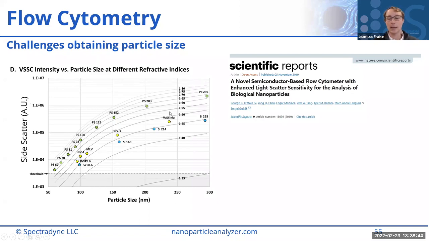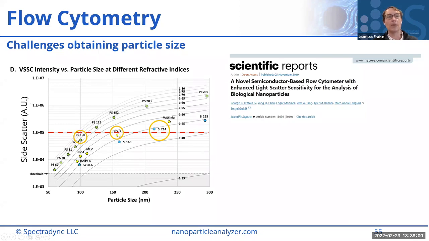So what I'd like to highlight here is if we try to use side scatter to infer the particle size, we have a problem, right? It's fine if you know the index of refraction of the particle, then you can say how big it is.